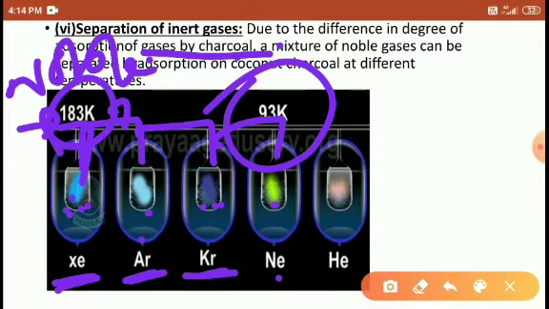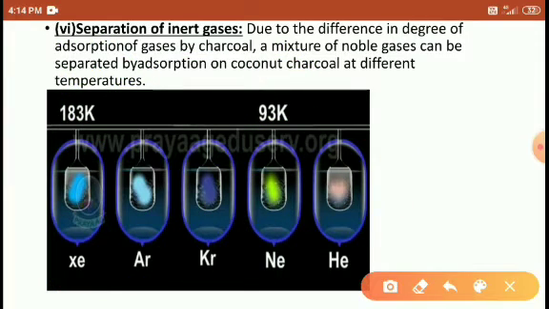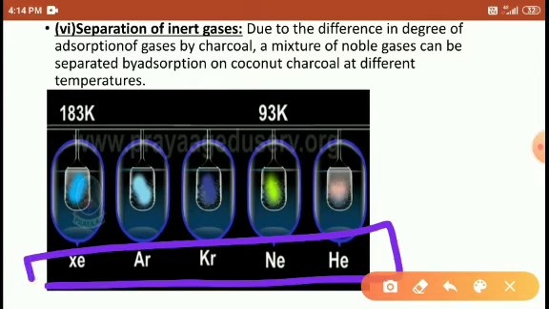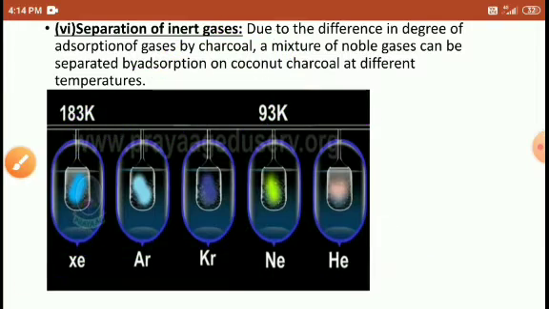Then at less than 93 Kelvin, the helium gas moves here and is adsorbed at less than 93 Kelvin temperature. Right students. So in this way we are separating all the noble gases using these chambers. Here the charcoal acts as an adsorbent which adsorbs the different gases at different temperatures, right students.